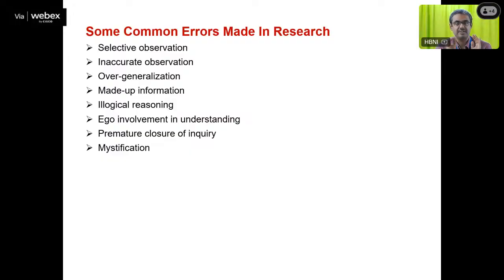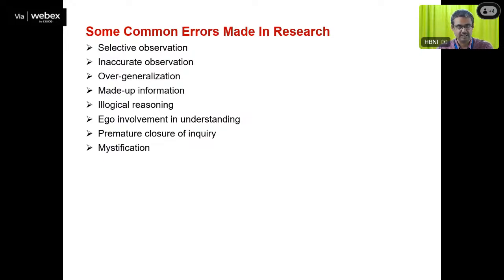Other minds, when they look into the same data, withdraw that selectivity and it becomes more global, and we can find the errors made in our research, or interpret the data we have collected in a better way.